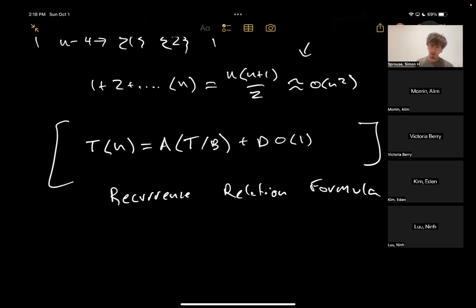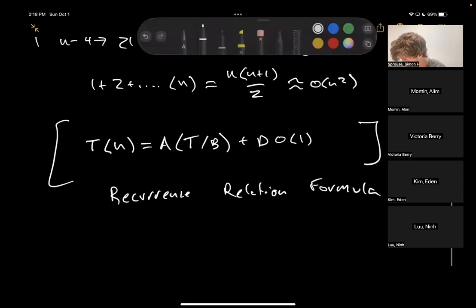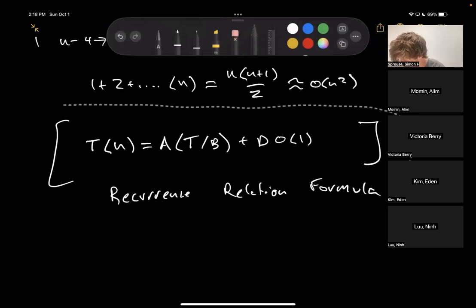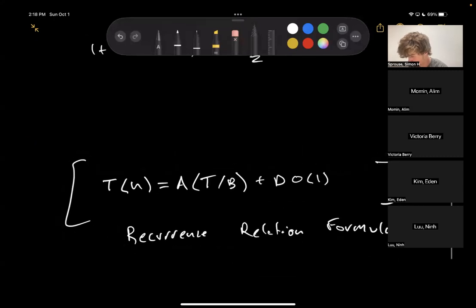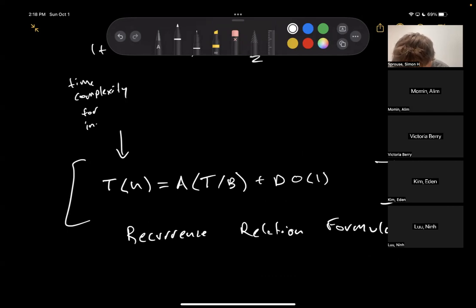Usually your recurrence formula is going to look something like this. Let me bring this down a little bit. I'm going to label these parts to describe what we're looking at. Right here, this is your time complexity for input n. I think that's relatively obvious. What's not so obvious are these next terms.